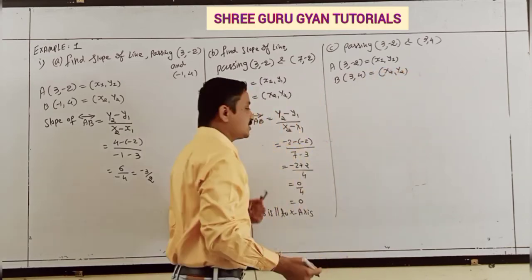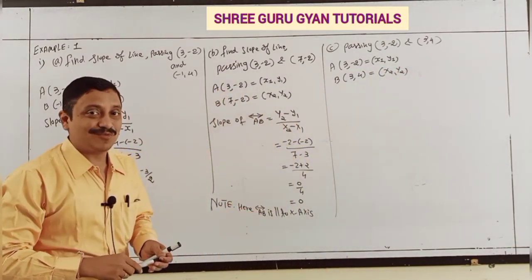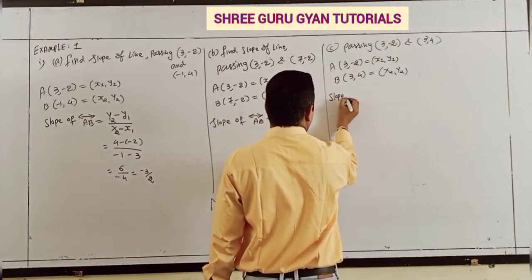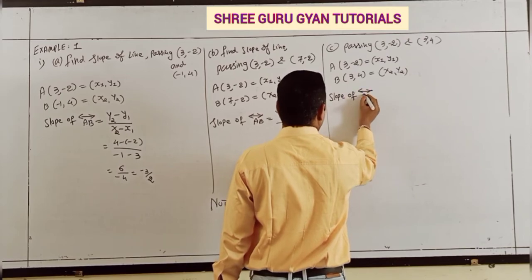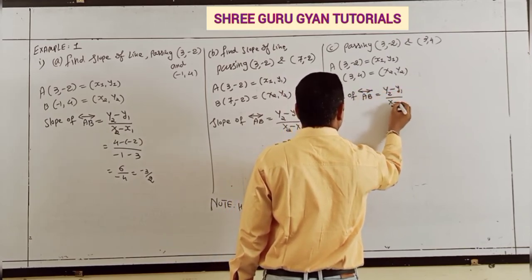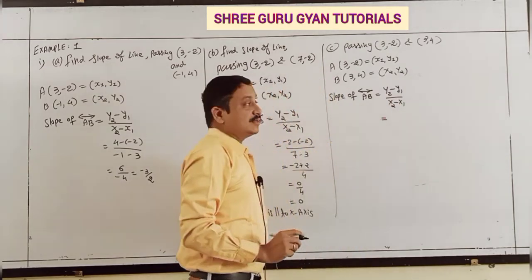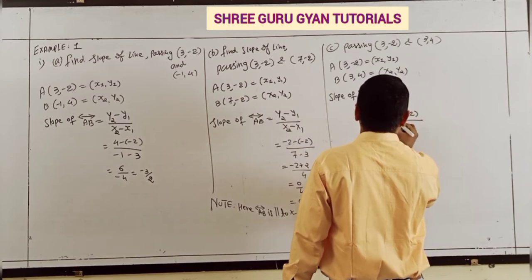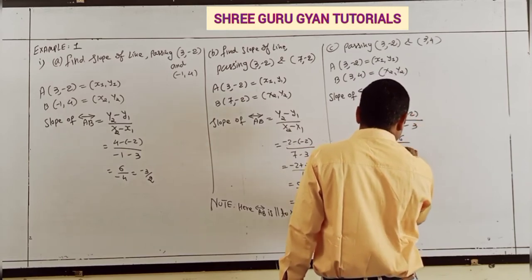Same operation: slope of line AB is y2 minus y1 by x2 minus x1. So the value is 4 minus of minus 2 by 3 minus 3, which is 6 by 0.